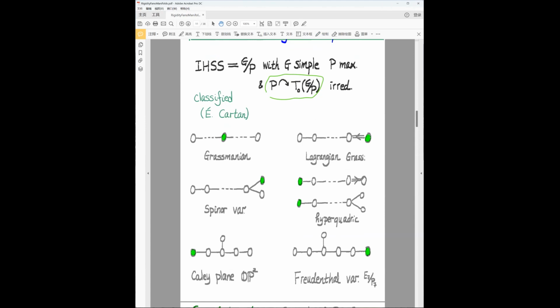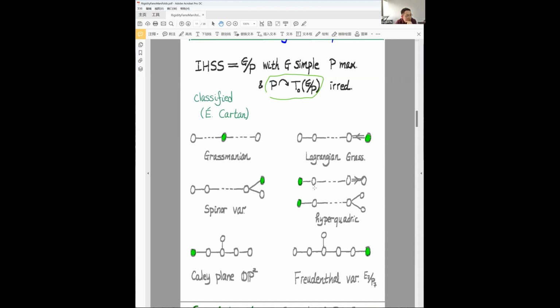That's the same as the cominuscule condition, right? I think there is one difference with cominuscule. There is one variety which is not cominuscule. Really? So IHS in this talk is just this variety.